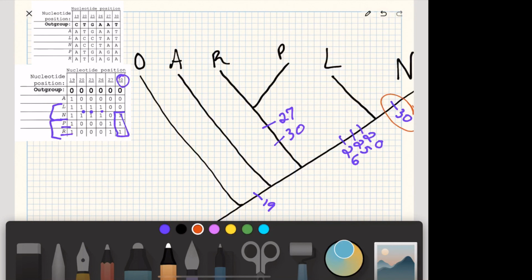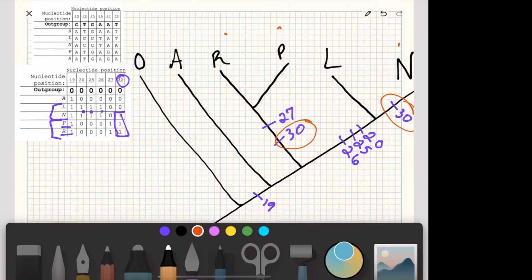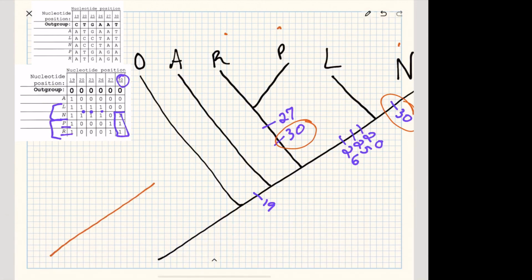One other thing that we could have done with trait number 30, and that would have to be represented on essentially a different tree topology. And that would be if trait 30 was actually a synapomorphy for the group that is RPN.